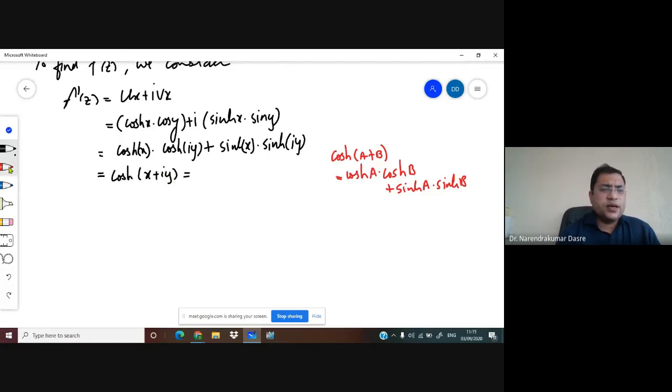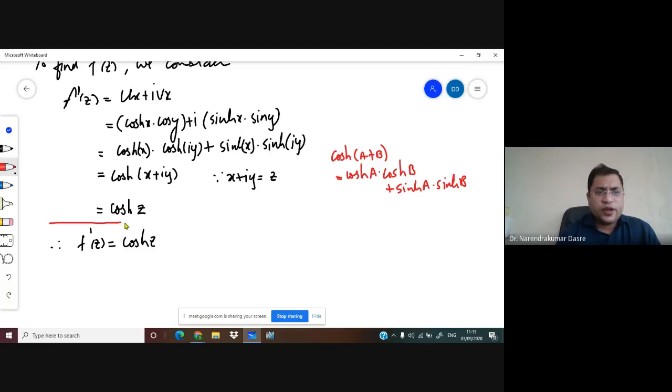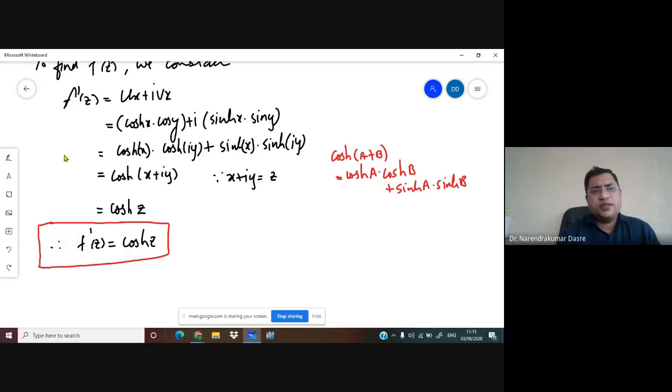Since this x plus iy is equal to z, it is going to be hyperbolic cos of z, and hence we got f dash of z is equal to hyperbolic cos of z. So here we got the derivative of this function f of z.